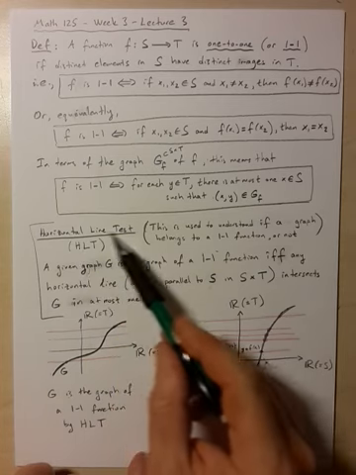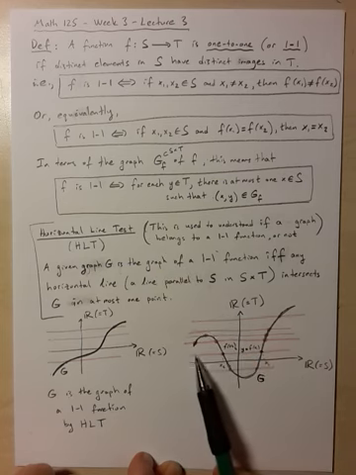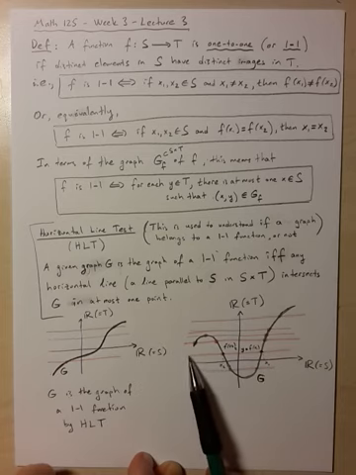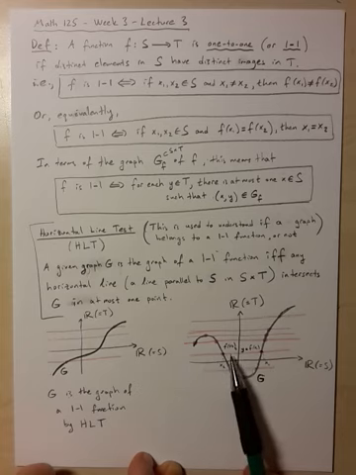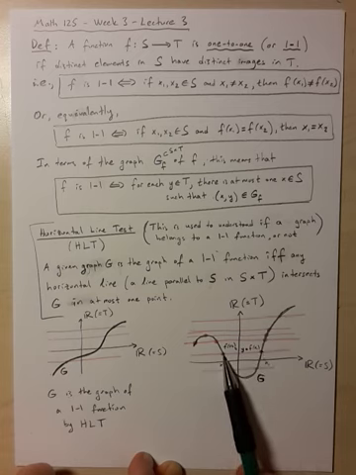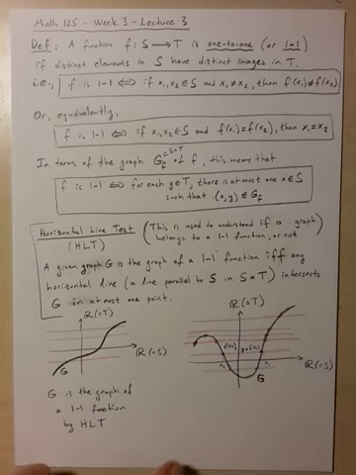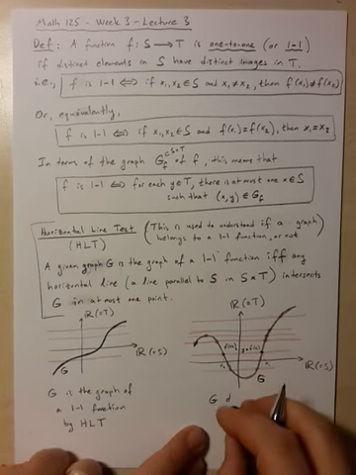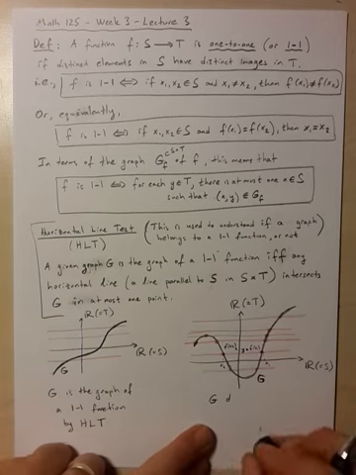And in terms of the horizontal line test, for these choice of points, what is the corresponding horizontal line? This horizontal line intersects the given graph in more than 1 point. Therefore, by HLT, this graph is not the graph of a one-to-one function. So G is a graph, but the function is not one-to-one.